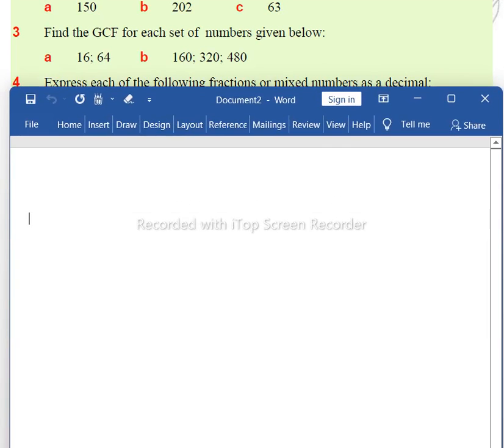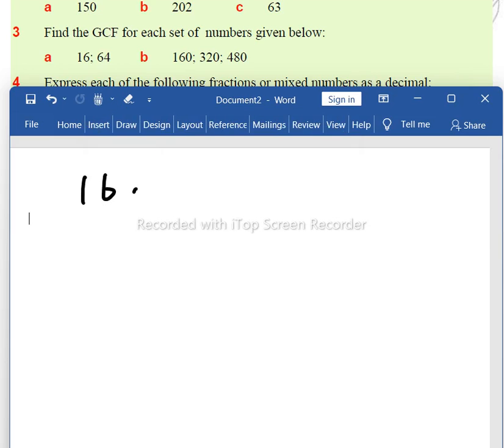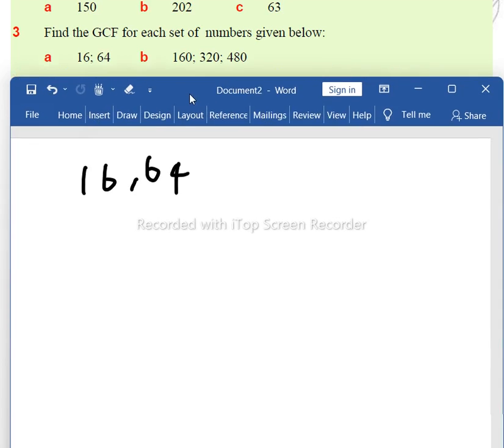It is simple. Let us do question A. The given numbers are 16 and 64.